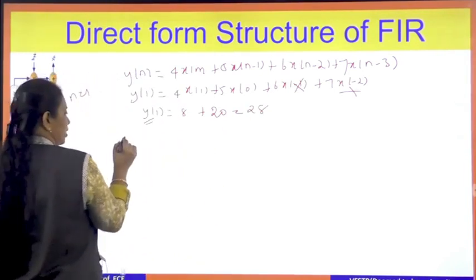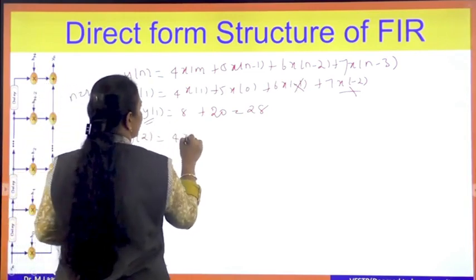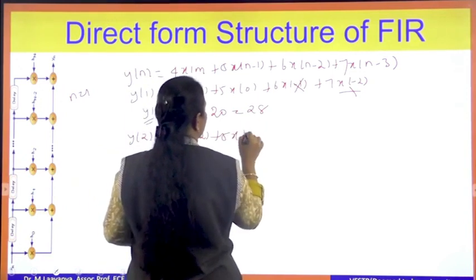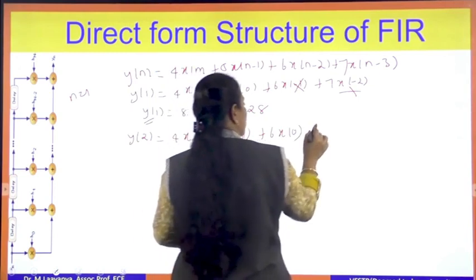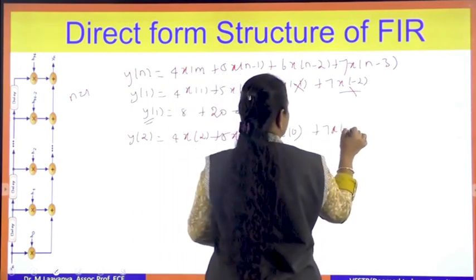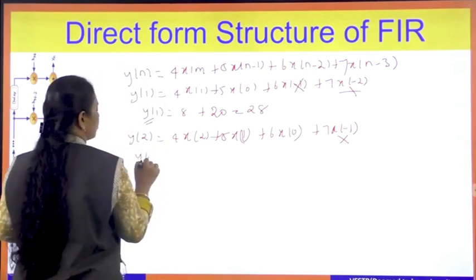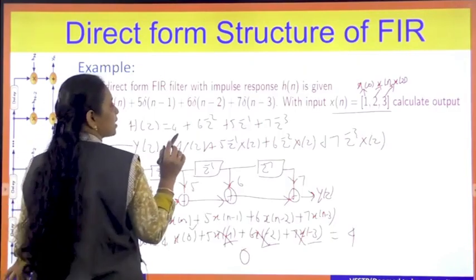Let me find y of 2. So it will be 4 x of 2 plus 5 x of 1 plus 6 x of 0 plus 7 x of minus 1. This will get cancelled. So my y of 2 will be 4 times x of 2. What is my x of 2?